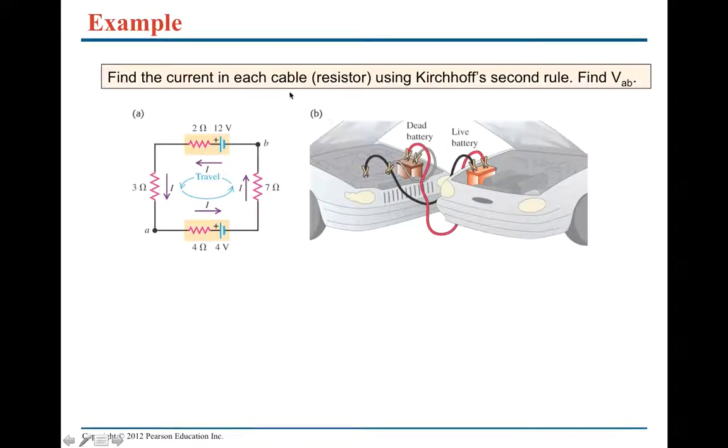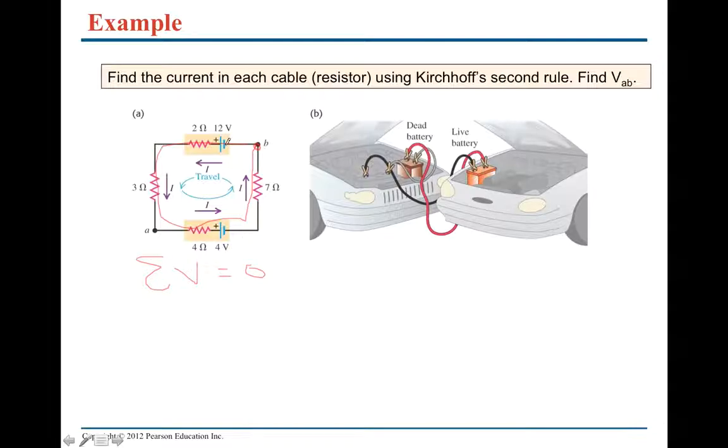Find the current in each of the resistors in this circuit. Okay, so the way I do it, I just apply Kirchhoff's rule. If I start at point B and then I go around like this and come back to point B, then the sum of the potential differences is equal to 0.